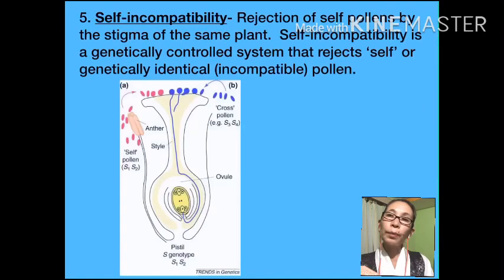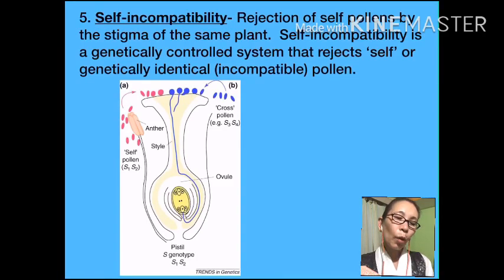In the cartoon, you can see two colors of pollens on the stigma. Red color indicates self-pollens with a genotype S1, S2, and blue color indicates foreign pollens with a genotype S3, S4.